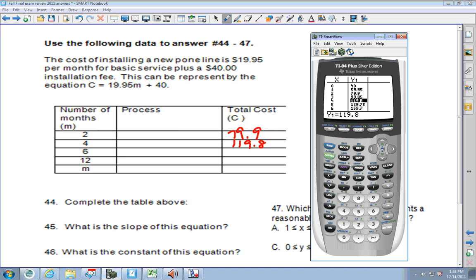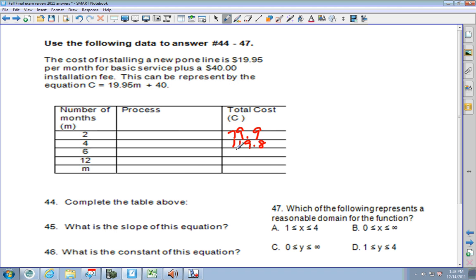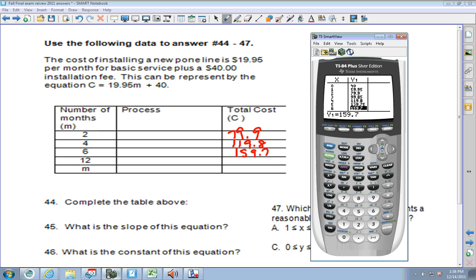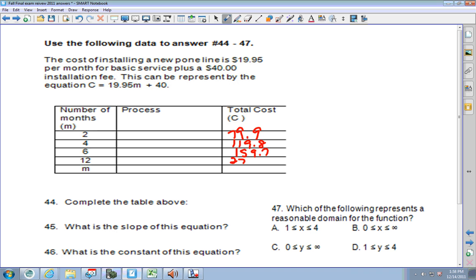When x is 6, it's 159.7. When x is 12, it is 279.4.